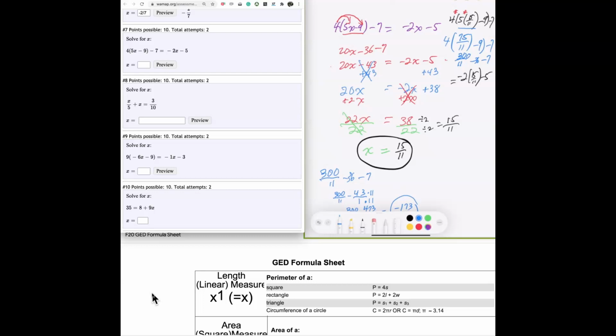Right, so negative 2 times 15/11 is negative 30/11 minus 5. So we can put 5 over 1, and then we have to multiply by 11. And we'll get negative 30 over 11 minus 55 over 11, and that's negative 85 over 11.